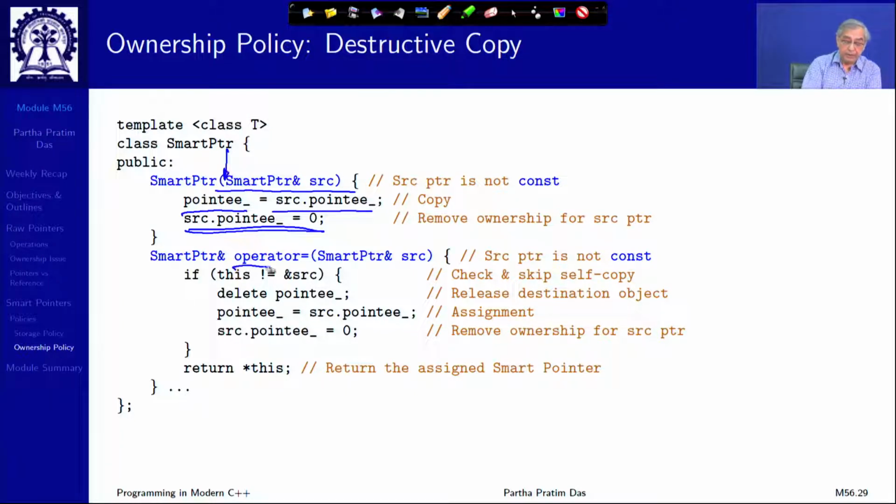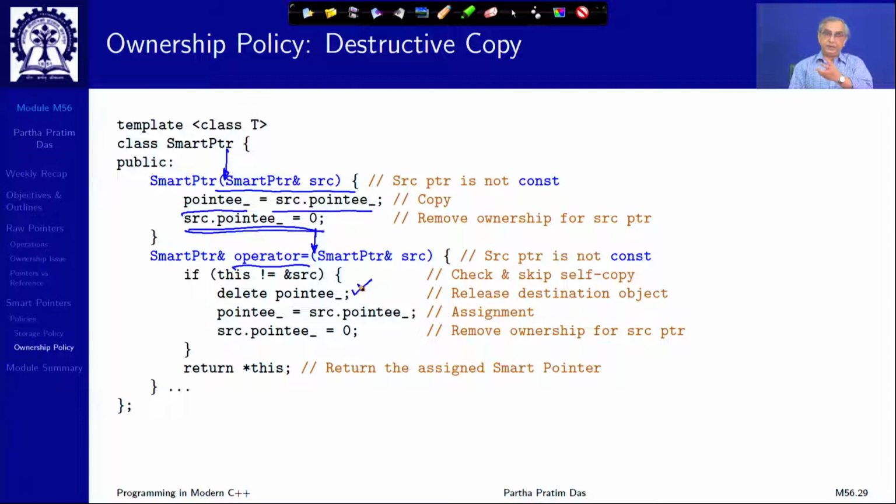Similarly, for the copy assignment operator, you do not have the const, because you are going to take away the ownership again. So, you check for the self copy, which is the same, you delete whatever you have been pointing to, because you are taking ownership of a new object.